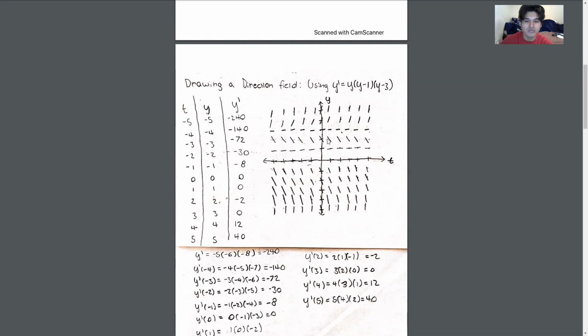Thus, at the y equals 3 line, the slope of these lines would be 0. Like I said before, t is not in this differential equation and does not affect what y prime is. That's why the slope remains constant as we move along the t-axis.